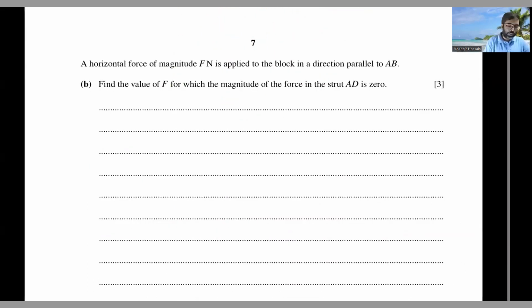In part B, a horizontal force of magnitude F Newton is applied to the block in the direction parallel to AB, and we need the value of F for which the magnitude of the force in the strut AD is 0. So, in this scenario, we have a new force.